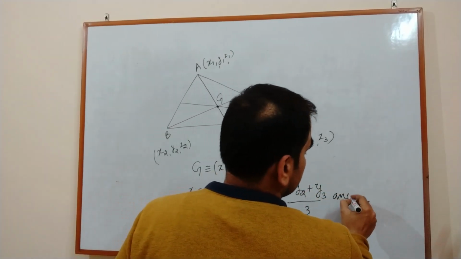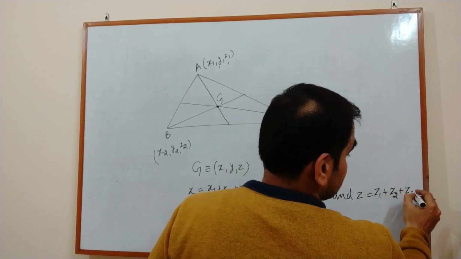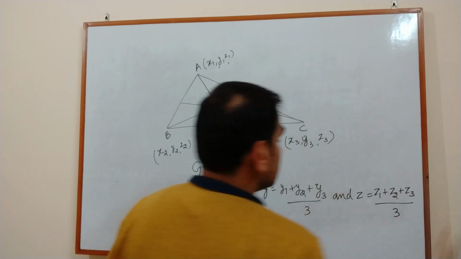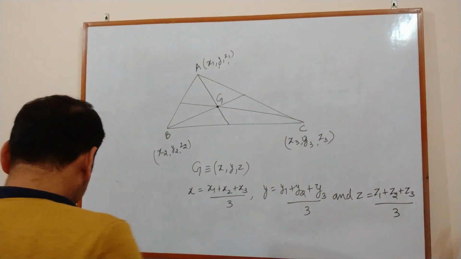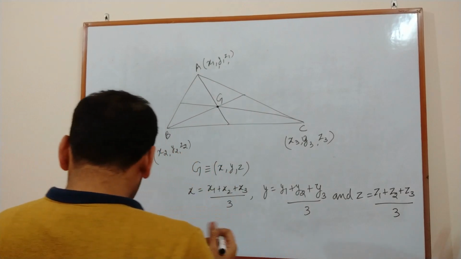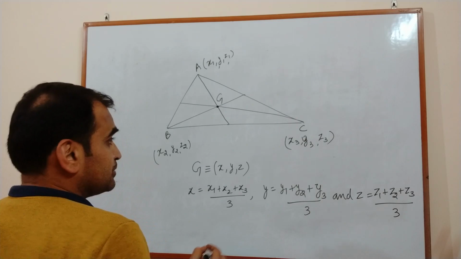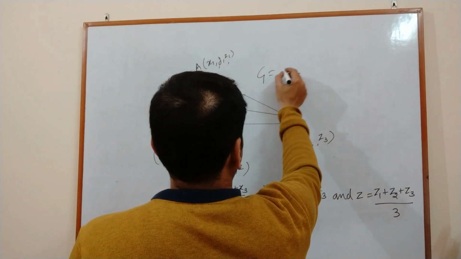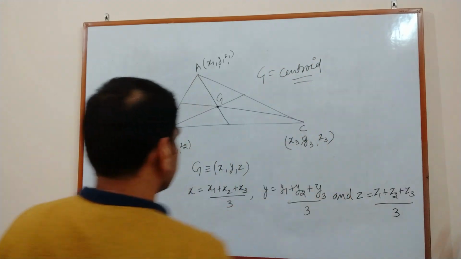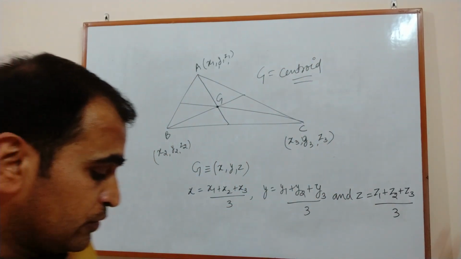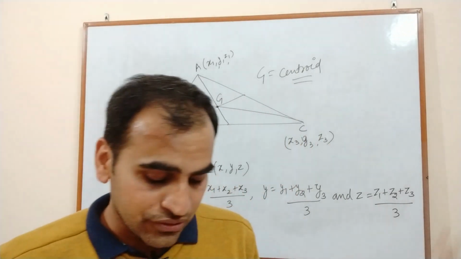And z is z1 plus z2 plus z3 upon 3. This is about the centroid of the triangle. So this G is known as centroid.